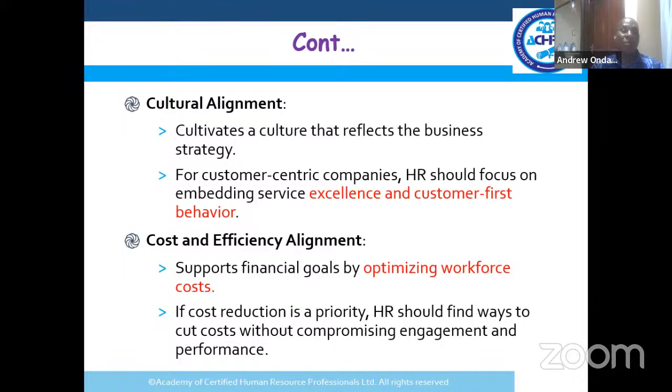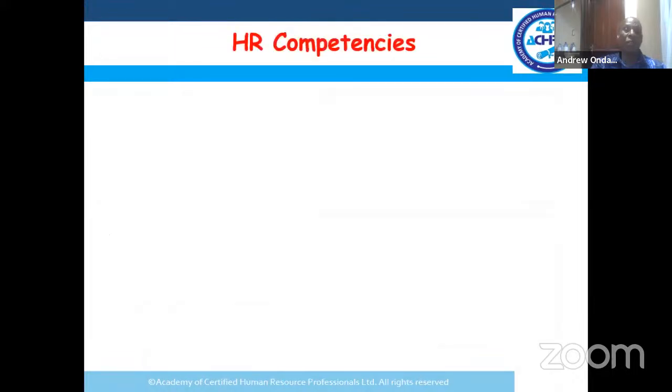Then the other aspect, which is in terms of alignment with business strategy, is cost and efficiency alignment, which I've said that as HR managers, we need to optimize costs without necessarily compromising the quality of services that we offer.